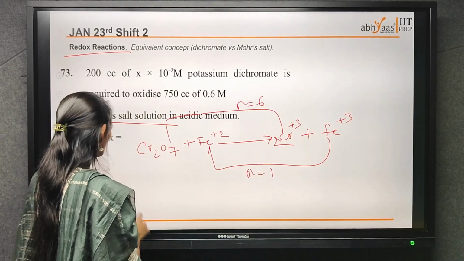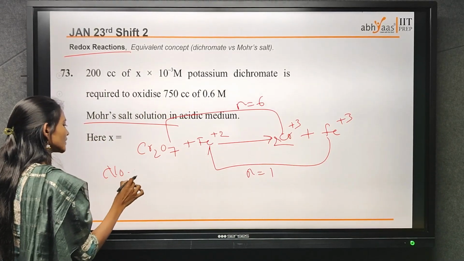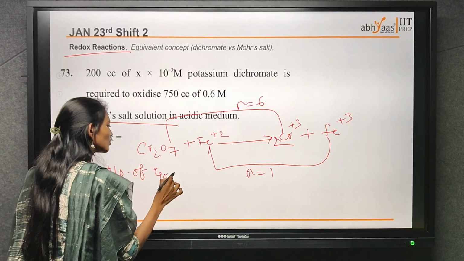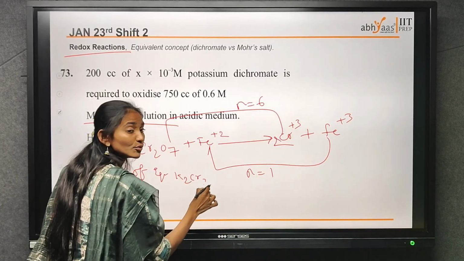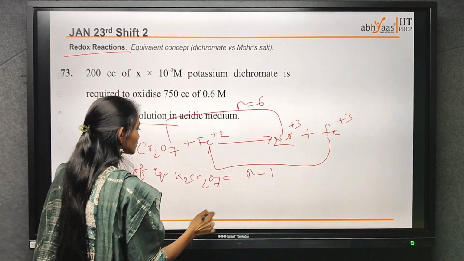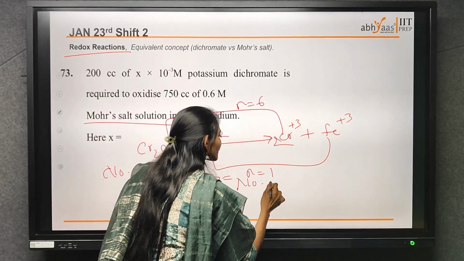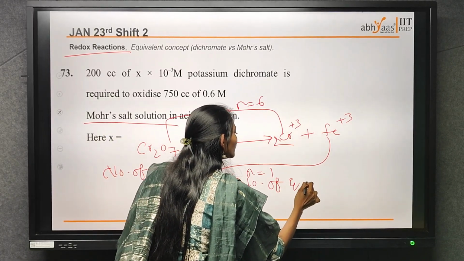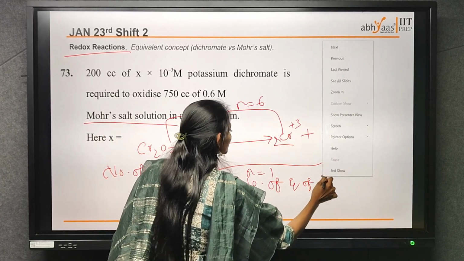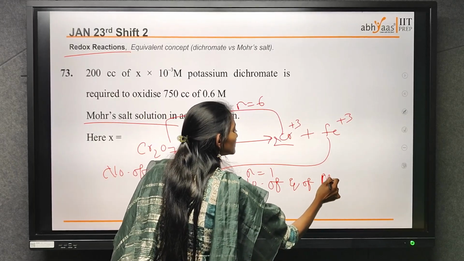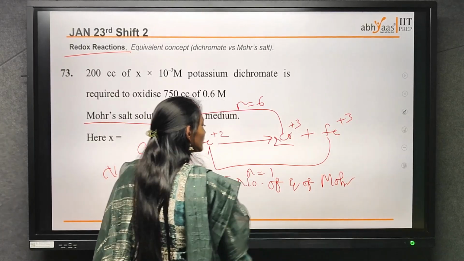We are having the formula, number of equimoles of K2Cr2O7 is equals to number of equimoles of Mohr salt, right?